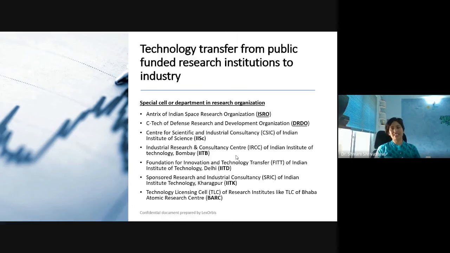So if we consider India, there is technology transfer from public funded research institutions to industry. In India, sometimes there are special cells or departments in the research organizations or universities, where the specified cell or department helps the institute to commercialize the technology.